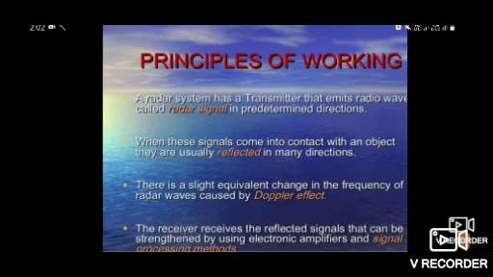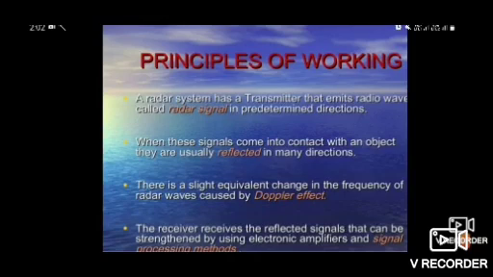As I have already told, in communication the main intention of a transmitter is to transmit signals. Likewise, the main part of the radar system is the transmitter, which emits radio waves in particular directions.